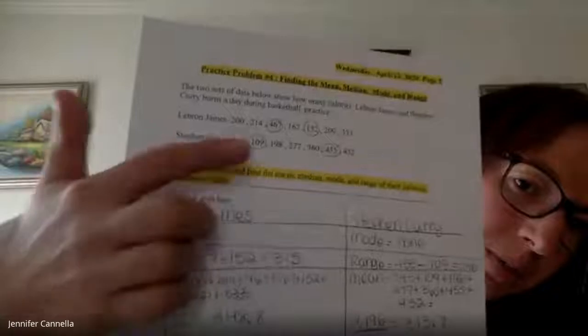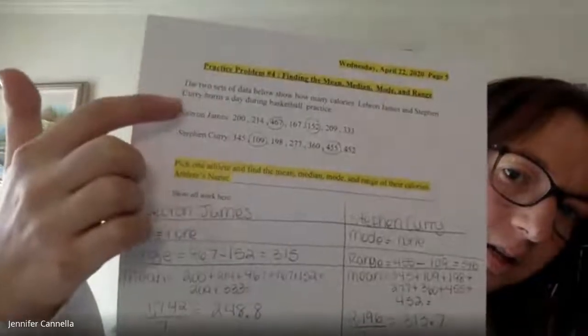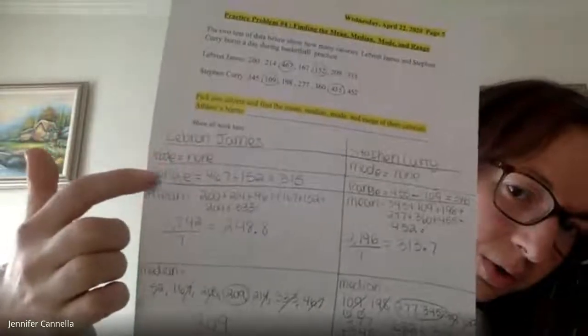I will present both of the options on the paper. You're silent now. Everyone is going to do this page. Okay. I did it for both. Page 5, you're going to put the name of the athlete you pick, LeBron James or Stephen Curry, and you're going to find the mode, the range, the median, and the mean.